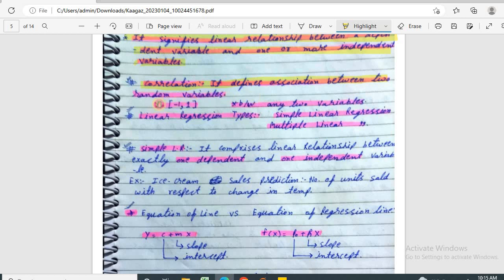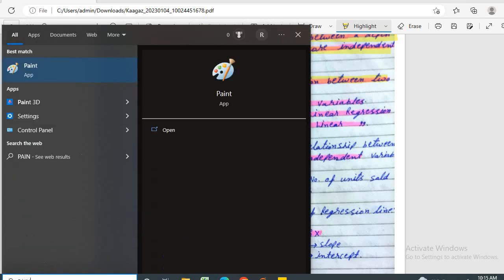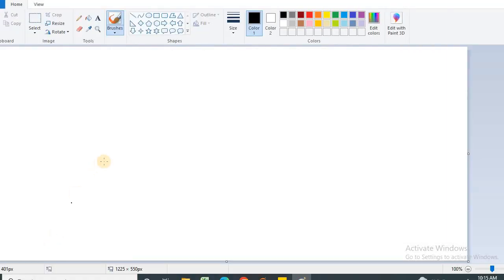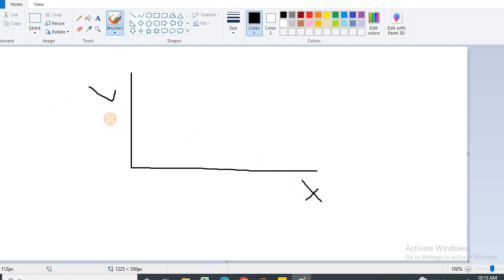The value of correlation may be between -1 to 1. For example, we have here x and y.